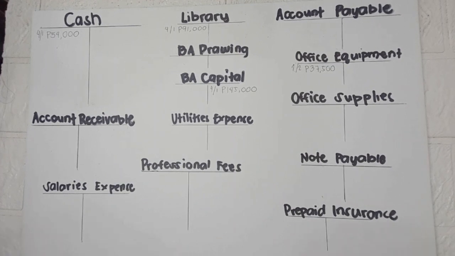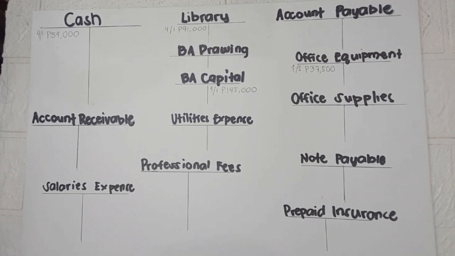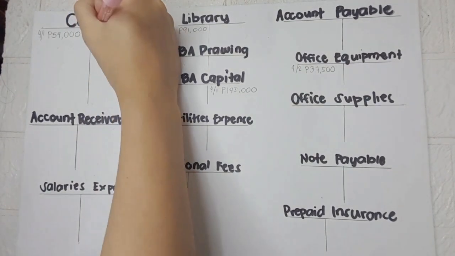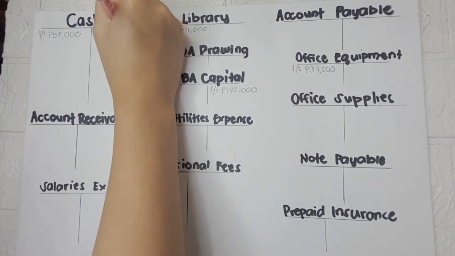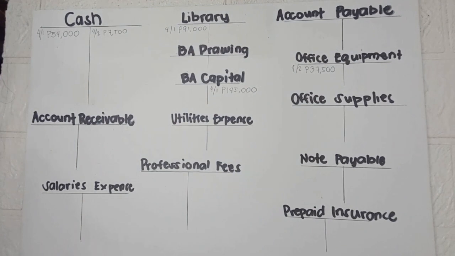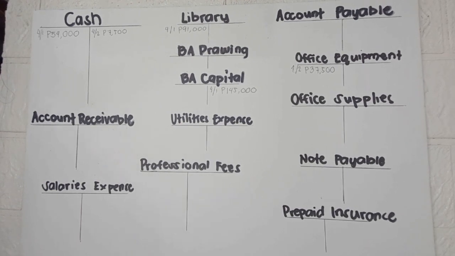So for the cash, the 7,500 will be on the credit side. For the note payable, the 30,000 will be on the credit side.